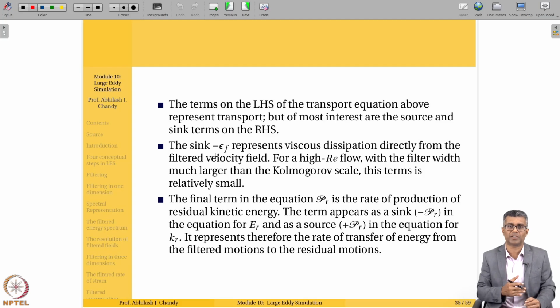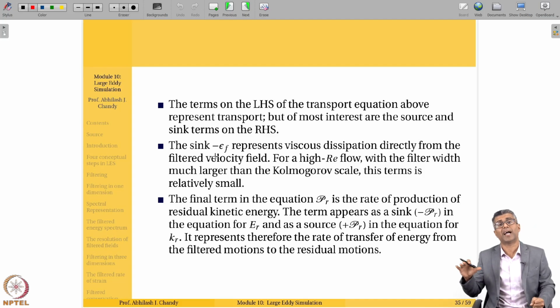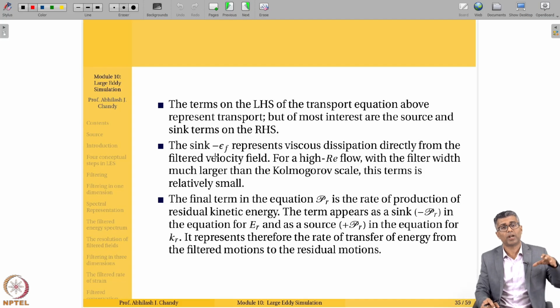We have already learned earlier that the dissipation is kind of negligible in the large scales. It starts to be more active when viscosity starts to be more active at the small scales, closer to the Kolmogorov scale. So that means with a filter width being much larger than the Kolmogorov scale, this sink term is going to be negligible, relatively small. It could be neglected, for instance, but anyway, it is going to be small.